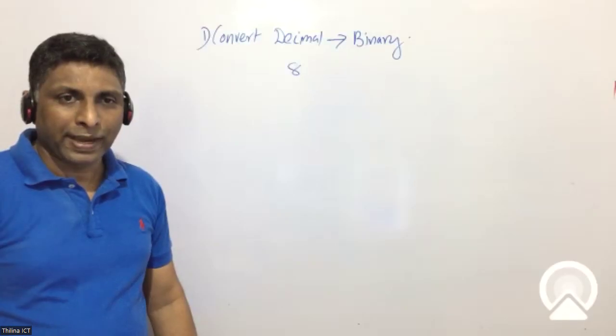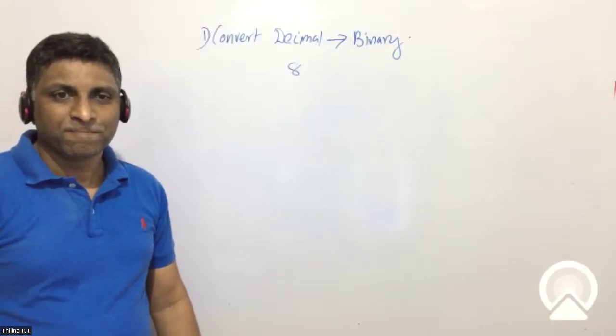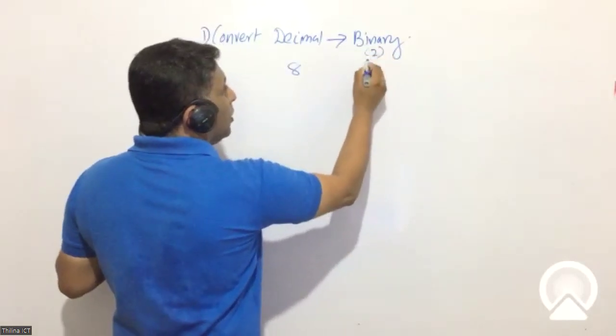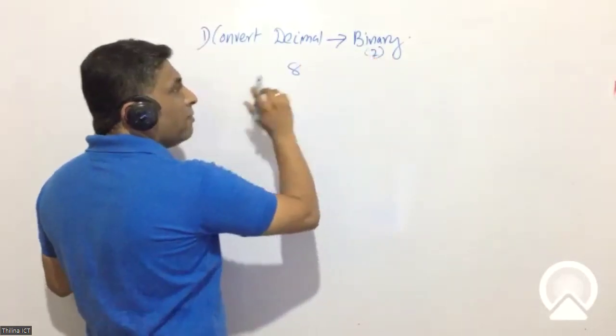We divided 8 by 2. If you want to convert decimal to binary, that's base 2. Remember this 2, you need to divide by 2.